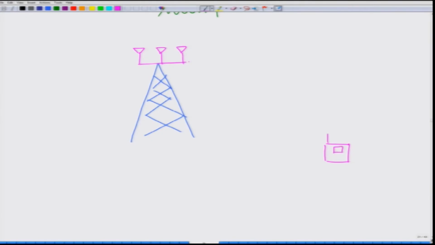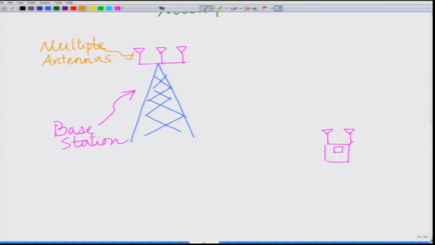This is my base station, which has multiple antennas, and these become your multiple inputs, because these are the inputs to the channel.